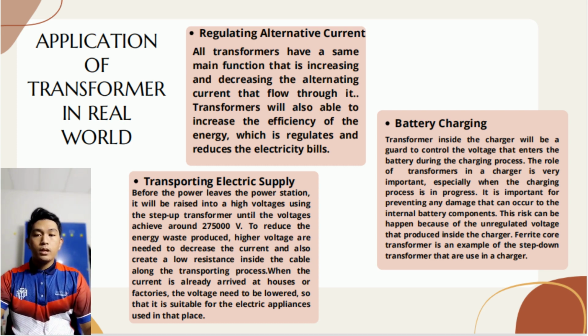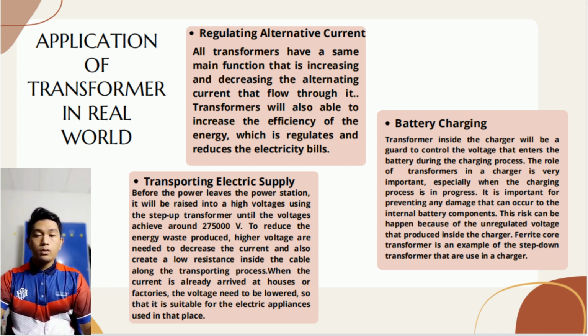This is because more energy is dissipated to the surroundings through heating. To reduce the energy waste produced, a higher voltage is needed, which lowers the current and also creates a lower resistance loss inside the cable along the transporting process.